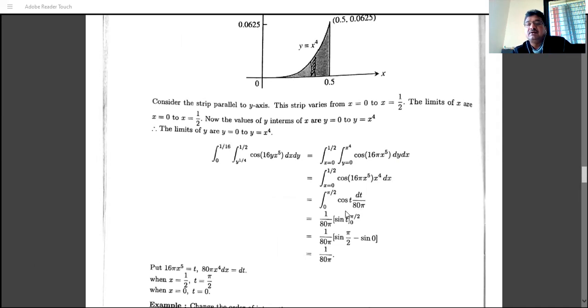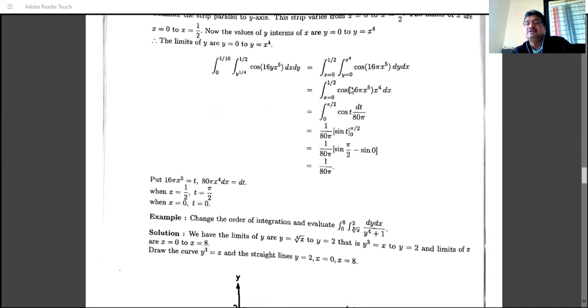Now we have to integrate this with respect to x. So substitute 16 pi x^5 as t. Its derivative is 80 pi x^4 dx equal to dt. So x^4 dx is 1/(80 pi) dt, and this is cos t.